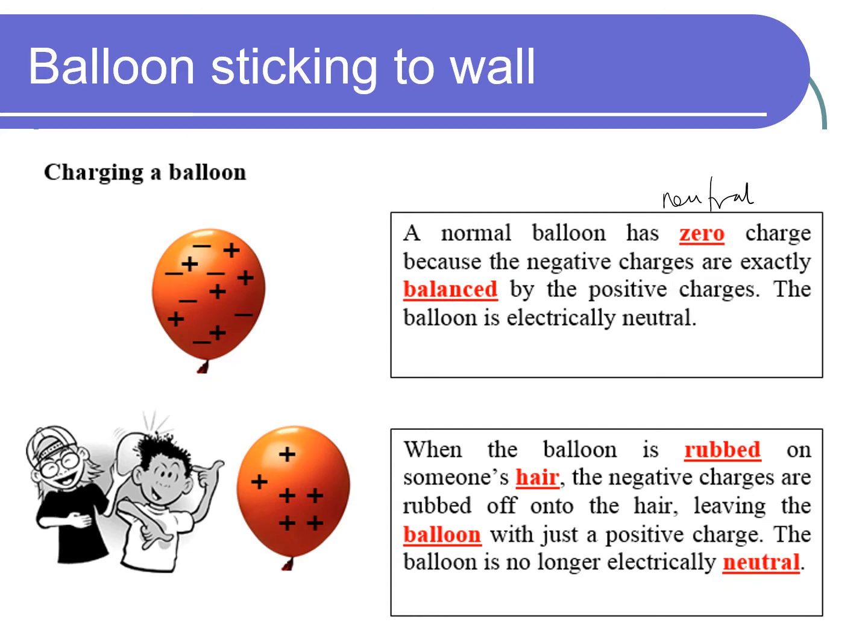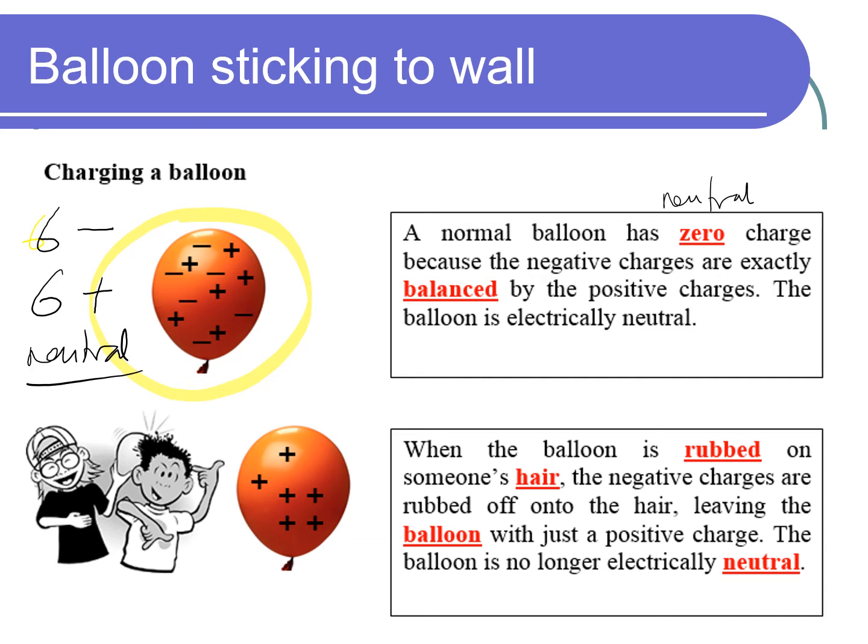The balloon is neutral. So in this balloon at the top here, let's count how many negatives and positives there are. I've got 1, 2, 3, 4, 5, 6. Let's make that in black. I've got 6 negative charges. I've got 1, 2, 3, 4, 5, 6 positive charges. So it's neutral because they cancel each other out.